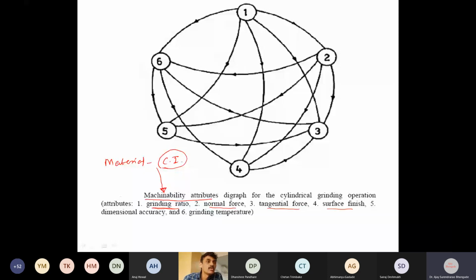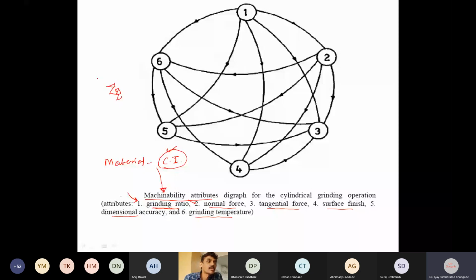Whenever we do the grinding operation on a particular material, let us say cast iron, how that material will respond to the grinding with the help of a proper grinder, and how that grinding will happen, will be dictated by these terms: the grinding ratio, the normal force. We know that a grinding wheel is made up of several abrasive particles, and whenever the material is being ground there will be a tangential force and a normal force.